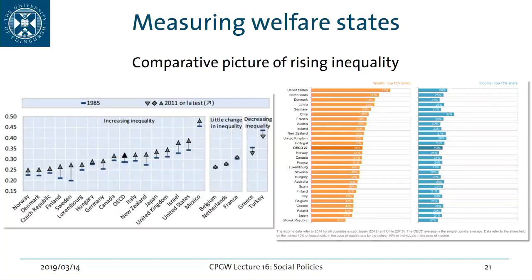Another thing we need to keep in mind is to always read your graphs and your tables really carefully, because there is, for example, a major difference if you look at income inequality, which is the graph on the left, or wealth inequality, which of course is a very different thing.